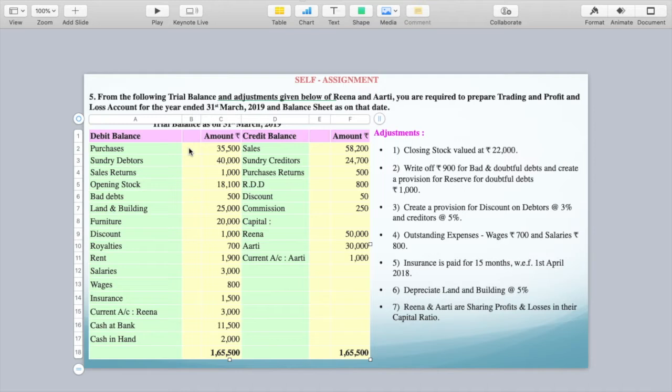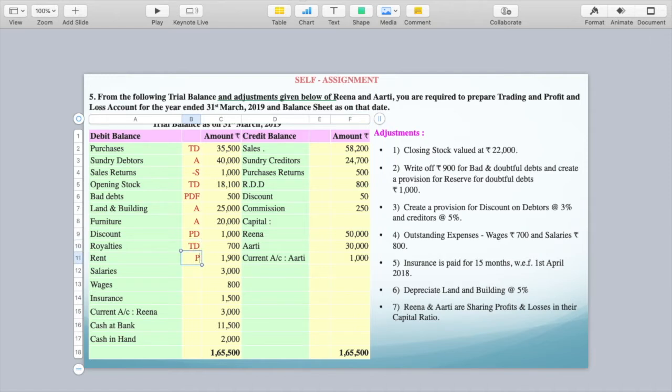So first thing in the trial balance given is purchases. So purchases will go to trading account debit side, sundry debtors assets, sales return less from sales. So put one tick mark on sales. Then opening stock trading account debit side, bad debts profit and loss account debit side formula. Then land and building assets, furniture assets, discount profit and loss account debit side, royalties only royalties is given, so trading account debit side.